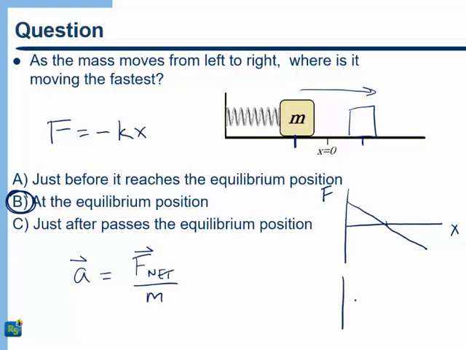So the acceleration in this case is going to also look something like this, where the acceleration is positive until right when the object gets to equilibrium, and then the acceleration becomes negative. And that means the object is going to be speeding up until right when it gets to x equals 0, and then at that point it's going to start slowing down. So our maximum velocity will be right at the equilibrium position.